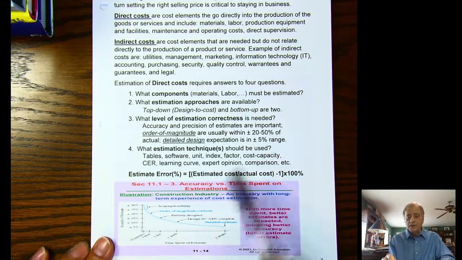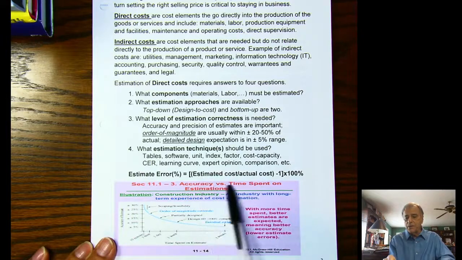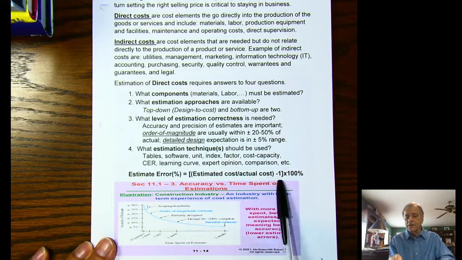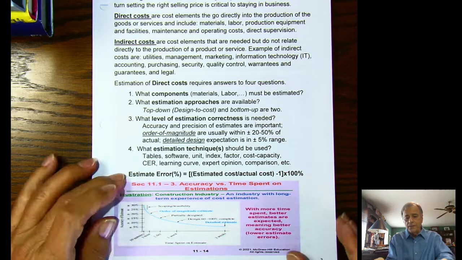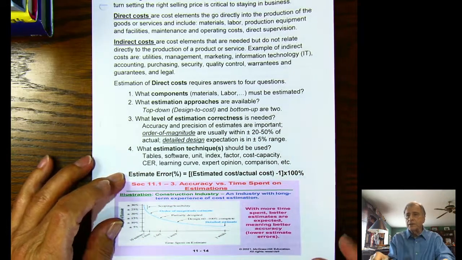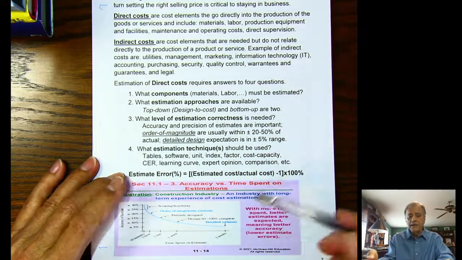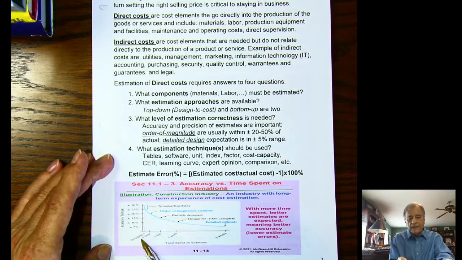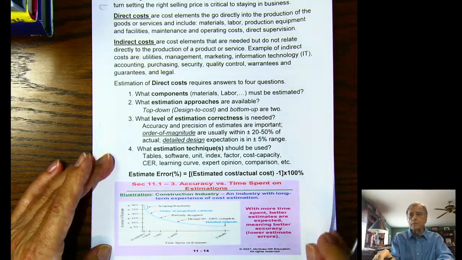If you overestimate it, this ratio will be greater than 1, you subtract 1, and you'll have a positive estimating error. So this is the way the author defines estimating error, and that's the vertical axis on figure 11.3.